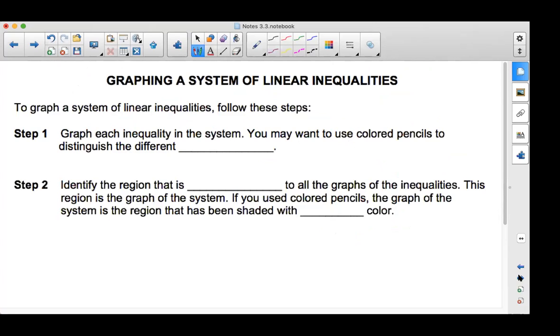So to graph a system of linear inequalities, we're going to graph each inequality, just like we would the line. We graph each line. It says you may want to use colored pencils or different colors on the Notability app to distinguish the different lines, the different solutions, or shaded regions.